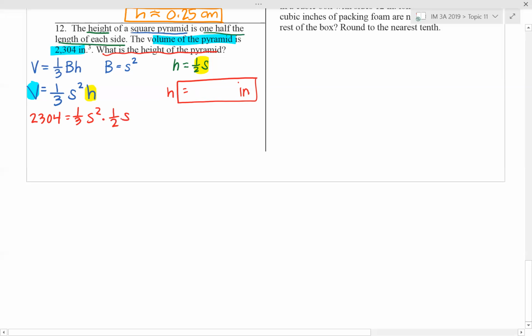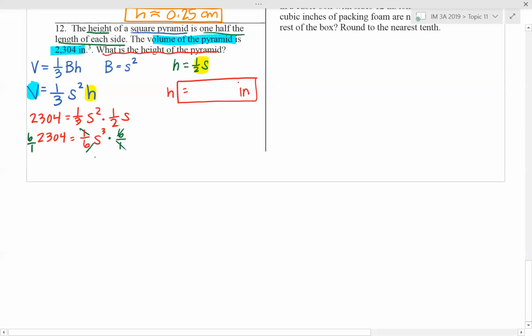So that means that we've got 2,304 is equal to, if I multiply the fractions together, that gives me 1/6, and then the s's together, s cubed. So to solve for s, what we need to do is multiply both sides by the reciprocal of the fraction, so by 6/1, so that those numbers reduce away.